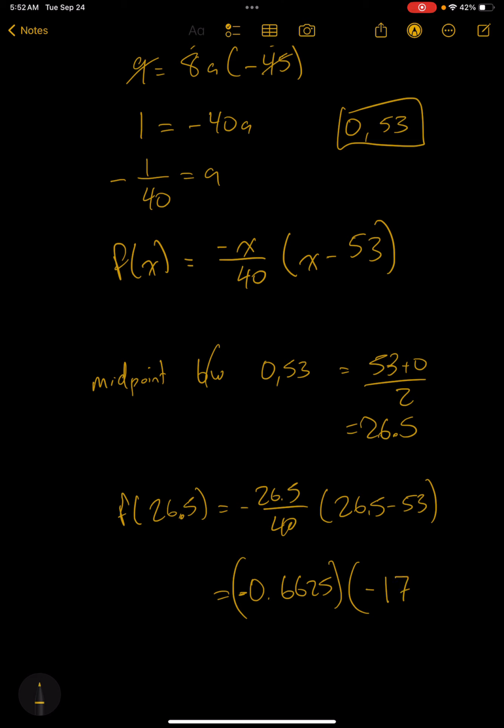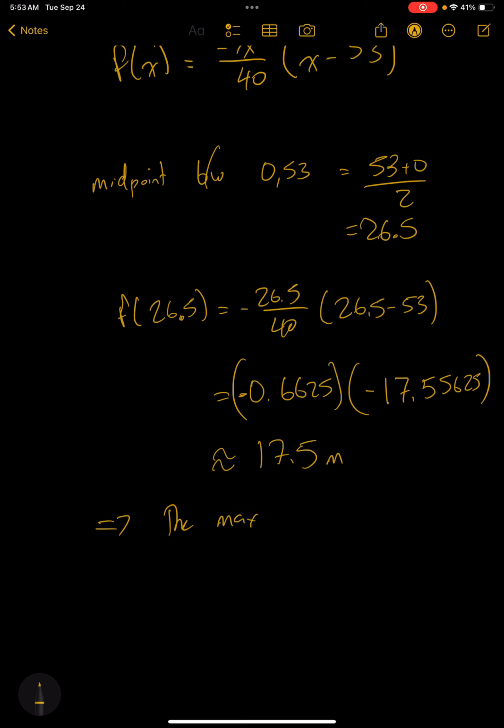Let's do that again. 26.5 minus 53 equals minus 26.5, times 26.5, divided by 40 equals approximately 17.5. So the maximum height is 17.5 meters.